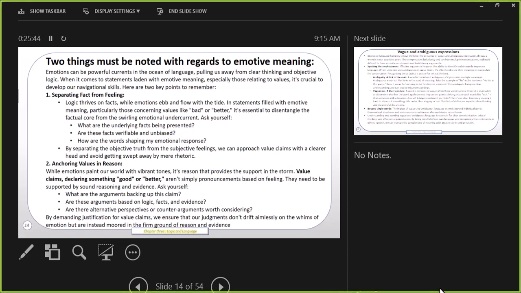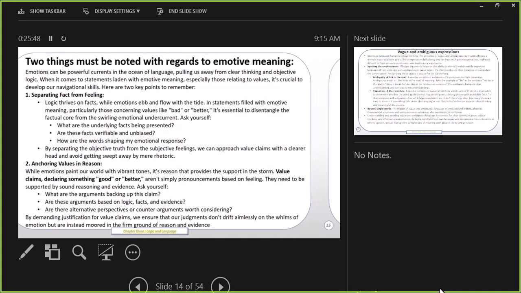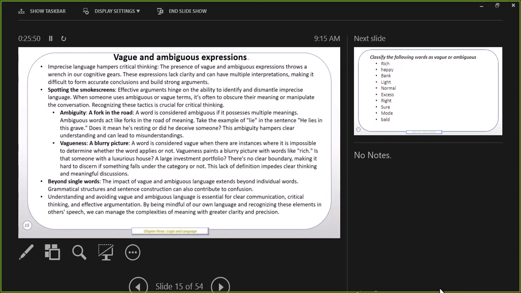But it does not mean that the cognitive function of language does not have any impediment. Cognitive function does have its own pitfalls, drawbacks. The cognitive function of language can be hampered by the existence of vague and ambiguous expressions. Call it expressions because it can be a word or it can be a group of words, right?